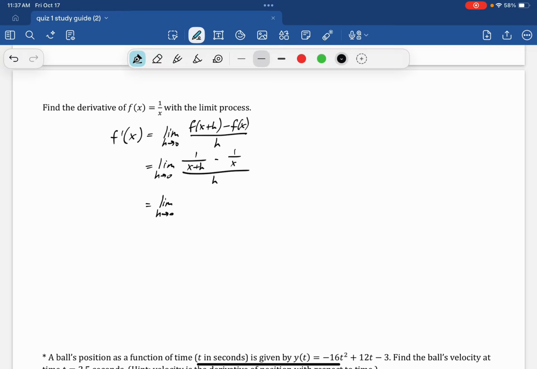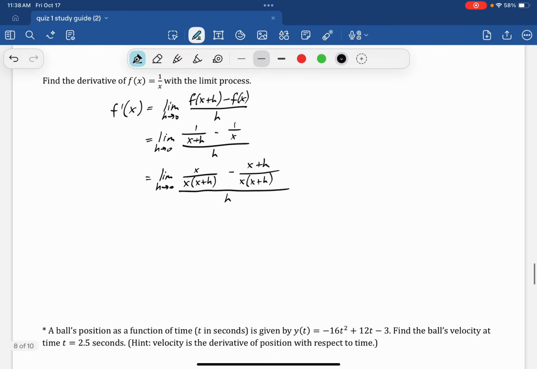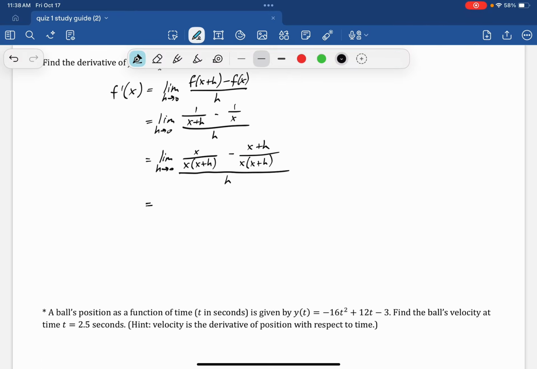Okay, I'm going to try to get a common denominator in the numerator first. So I'm going to multiply this fraction by x over x, and this fraction by x plus h over x plus h. It's all over h. Okay, simplifying the top.